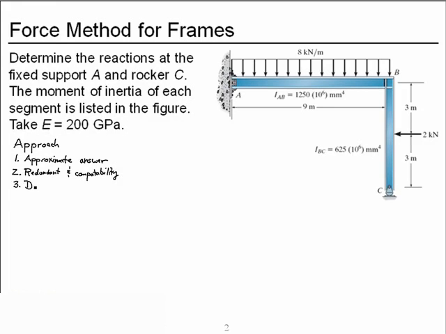We'll choose the redundants and we'll write the appropriate equations of compatibility. We'll then calculate deflection of the primary structure, which is another way to call the released structure, the structure that does not have the redundant acting anymore, and deflection of the primary structure due to the applied loads.